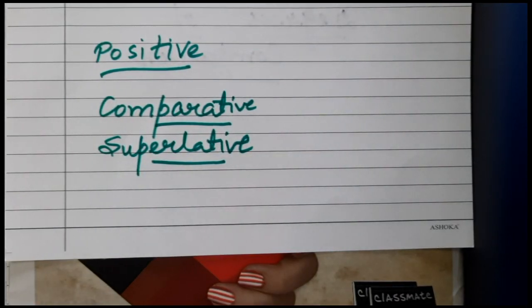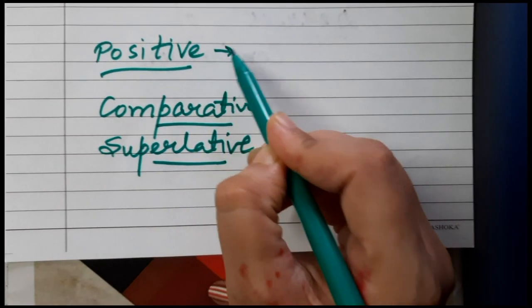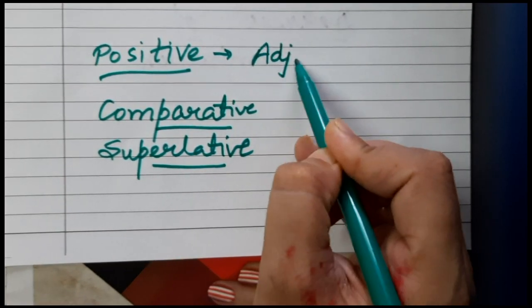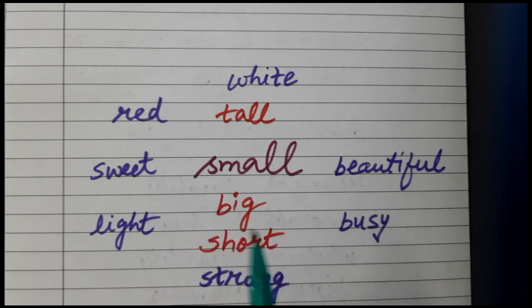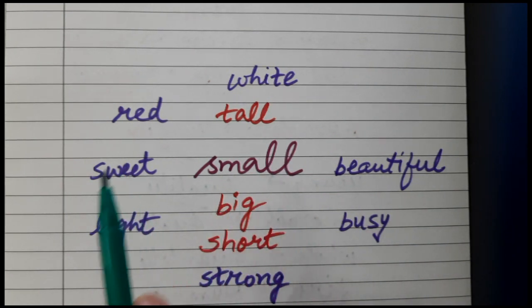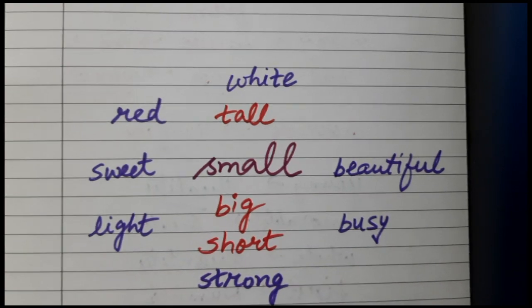That is all we are going to study today. Now, dear children, positive degree means my adjective. Just like you told me all these adjectives. These are all my positive degree. White, tall, small, big, short, strong, red, sweet, light, beautiful, busy. These all are my positive degrees of adjectives.